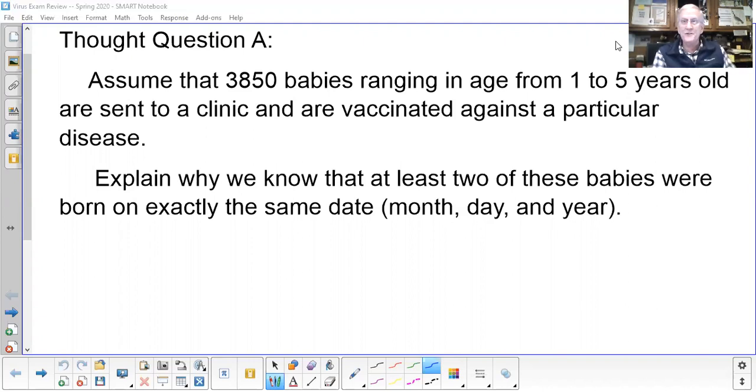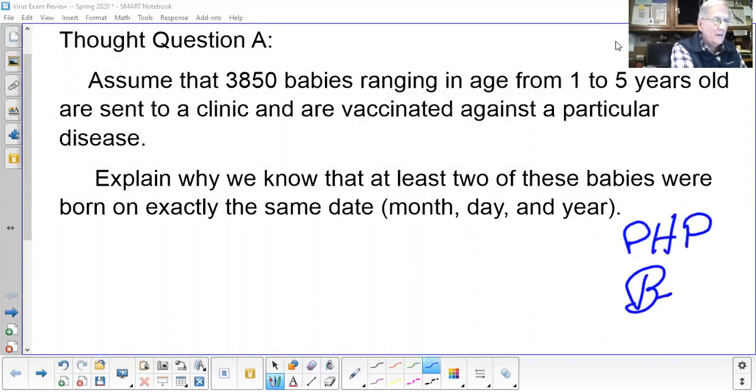The pigeonhole principle. But to show that it's a pigeonhole principle, we need to give some background. For me to give you full credit for this problem, you can say PHP. Now you know it's PHP, baby, but we want to know why. There are 3,850 babies, and their ages are from 1 to 5.